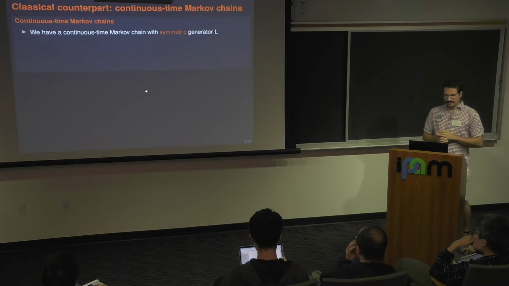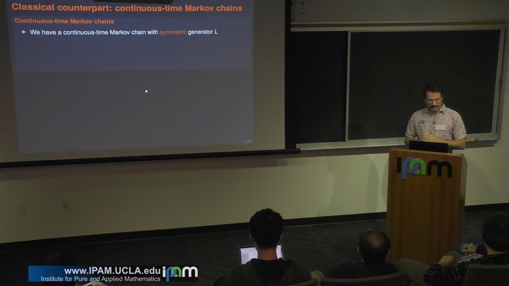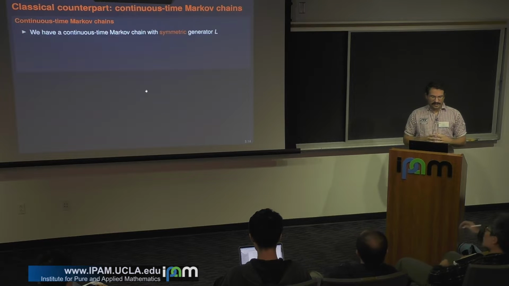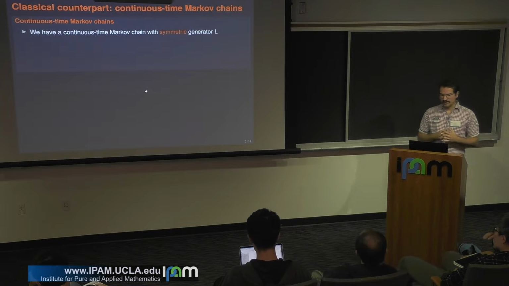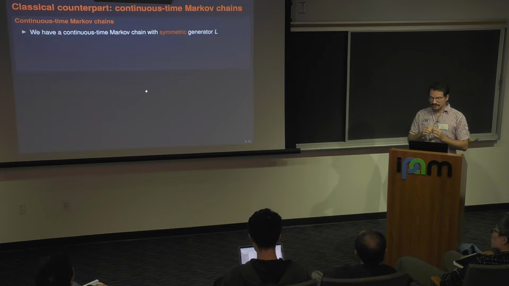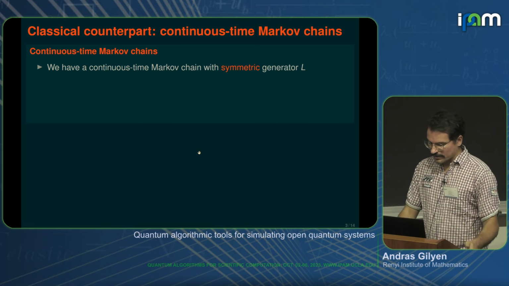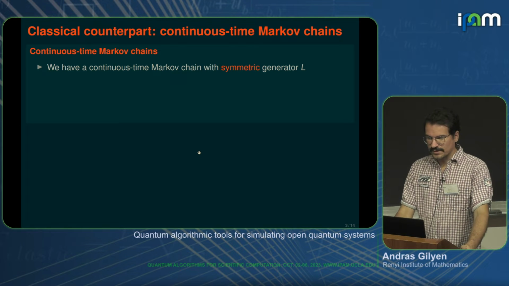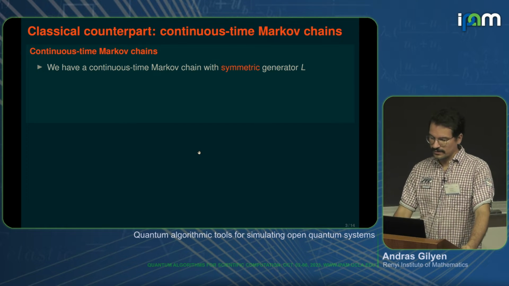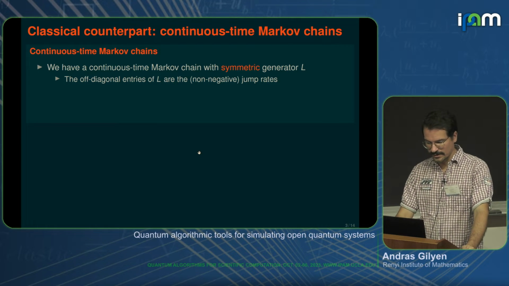And I would like to give some more intuition about how to think about Lindbladians, especially if you are not so familiar with this thing. Let's get back one more step to the classical case, where you have just classical probability distributions, which are classical analogs of density operators, but they are always diagonal, of course. There we also have an analogous dynamics, called a continuous time Markov chain. They also have a generator, L, which is a Laplacian matrix.